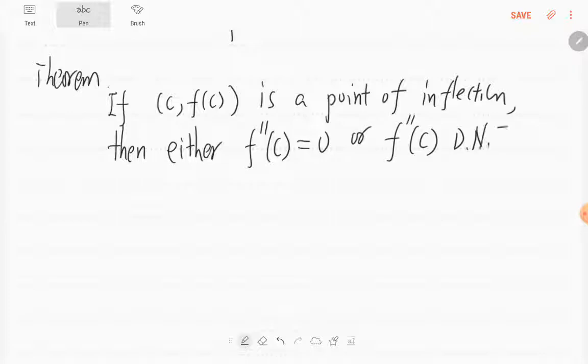It's very similar to the critical points, right? But the critical point is for the first derivative. The inflection point is for the second derivative.